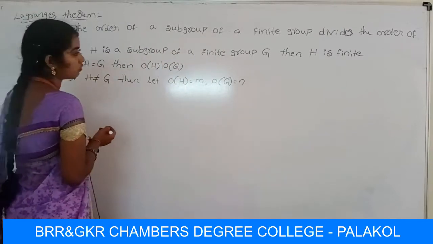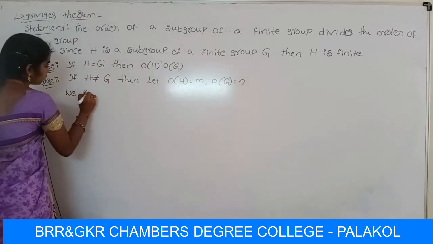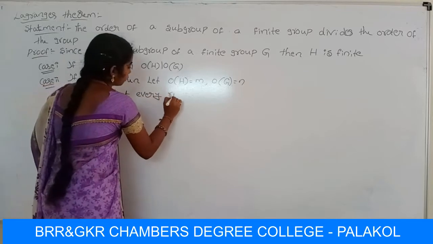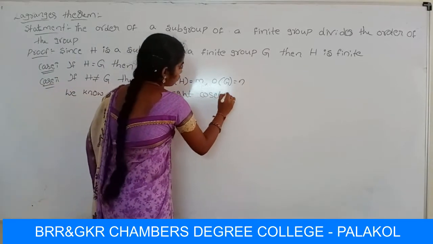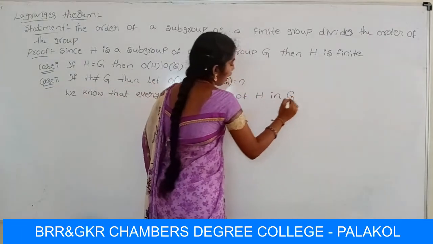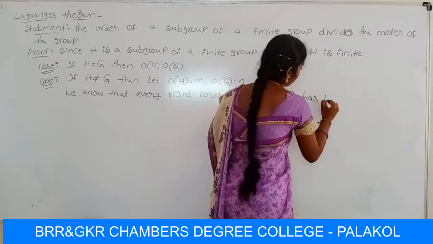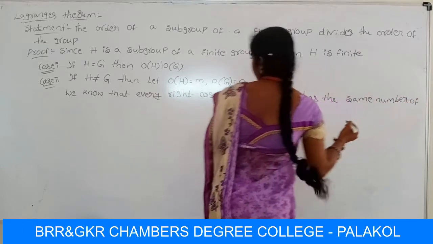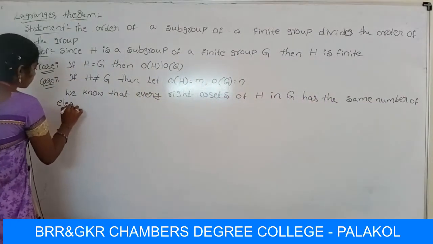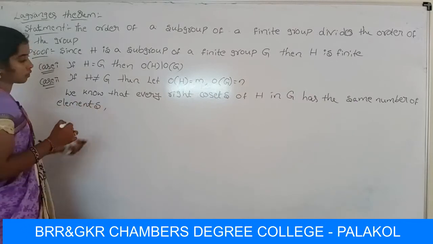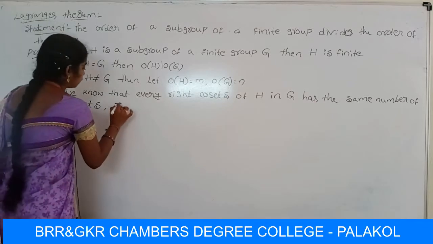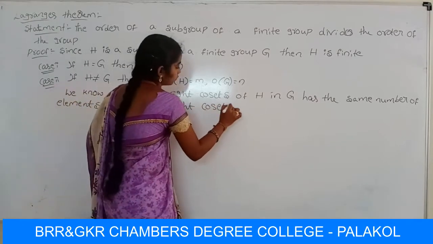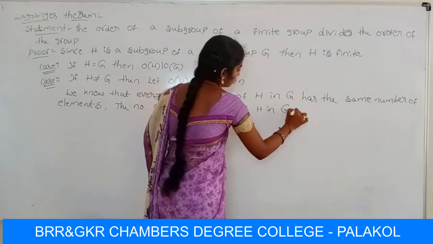So the number of right cosets is finite.